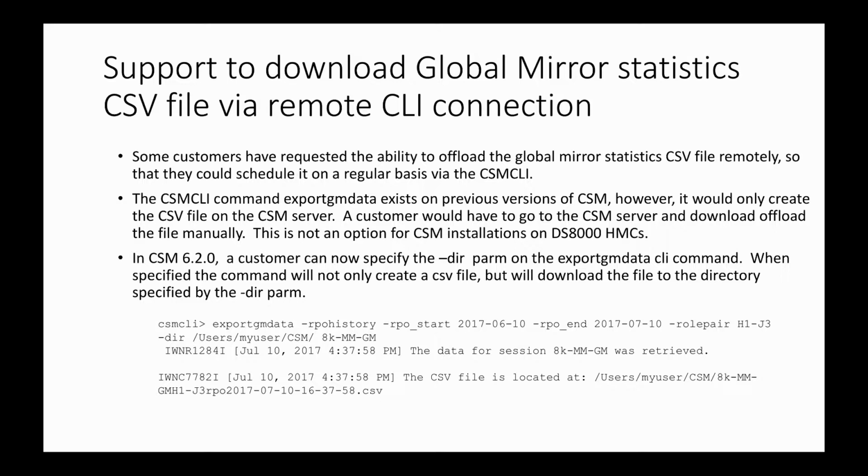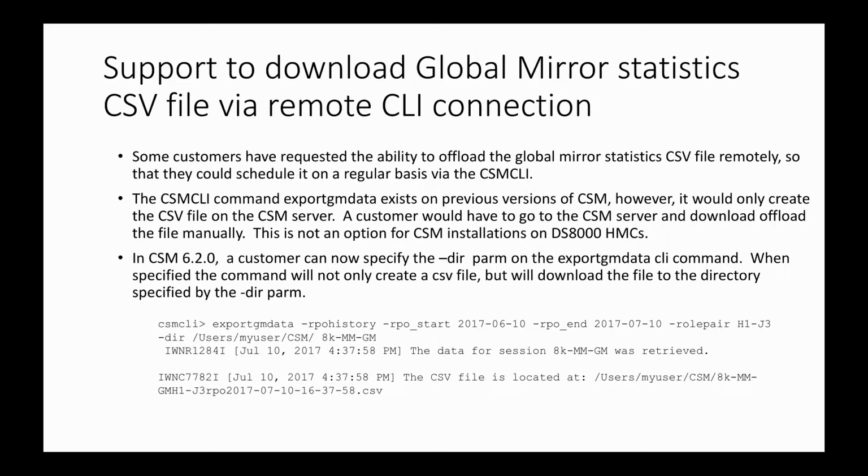All right, next feature is the support to download global mirror statistics CSV file via remote CLI connection. So what is this one? We had a CLI command already, the export GM data, that creates the CSV file. However, that CLI command only causes the creation of the file to happen on the CSM server.